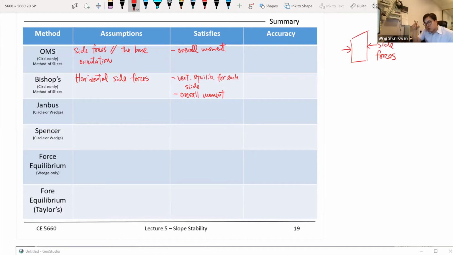So for every slope that we deal with, statics tells us you have three equilibriums: the horizontal equilibrium, the vertical equilibrium, and also the moment equilibrium, because it's a rotational failure. So the OMS method only works for overall moments. This method is perfect when phi equals 0.